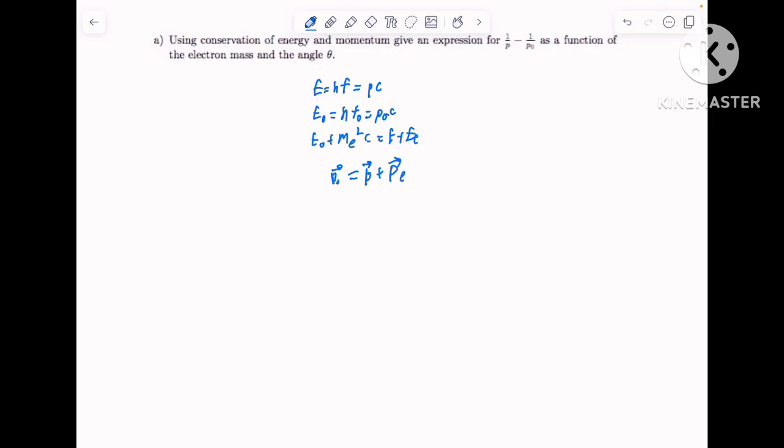So we're going to get the final result as 1 over P minus 1 over P0 equals h over m_e c times 1 minus cos theta.